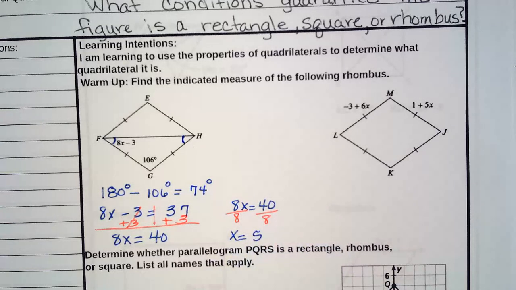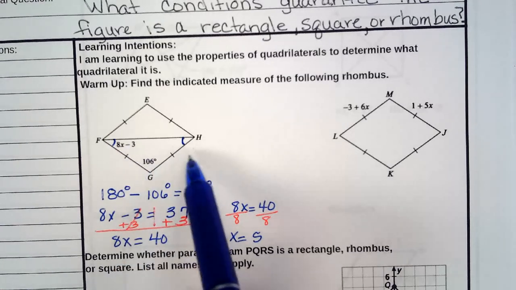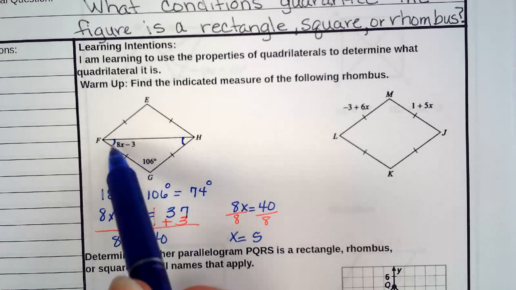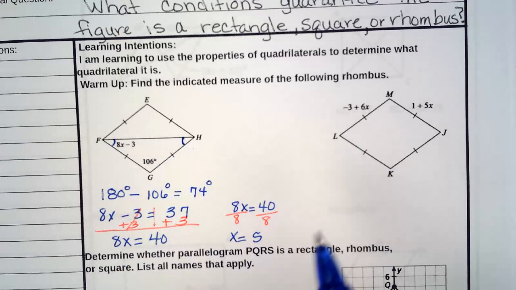So when x is equal to 5, the two bottom angles are each 37, and you end up with the figure being a rhombus. Another way you can look at it is when we divide this in half, we have an isosceles triangle, and the base angles have to be congruent.